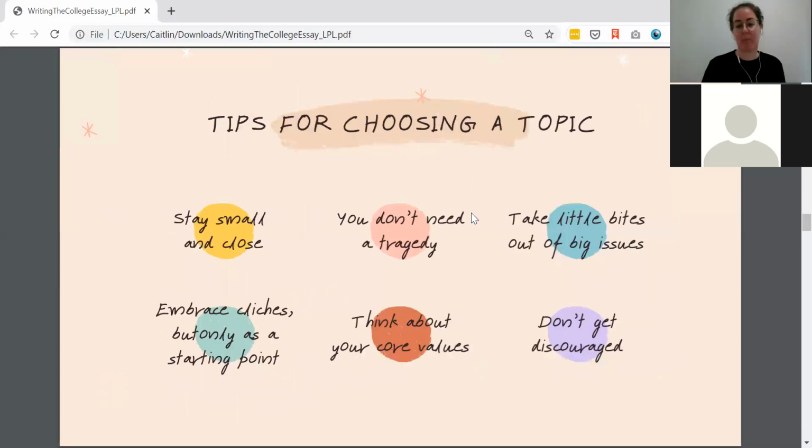So for choosing the topic, and we're spending a lot of time on this because it is the most important part to me, and it's also the hardest part, we're going to do what Rachel Toor calls staying small and close. And what does that mean? It means it literally. Choose something small or innocuous or physically close to yourself in order to say something big.